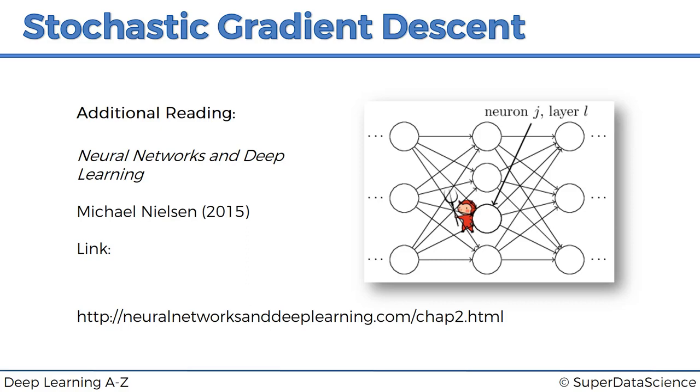It's actually a book by Michael Nielsen. There you'll find the mathematics written out, and it'll help you understand how exactly this is possible. But for now, for our purposes, from an intuition point of view, the important part is to remember that that's what backpropagation does. It adjusts all of the weights at the same time.